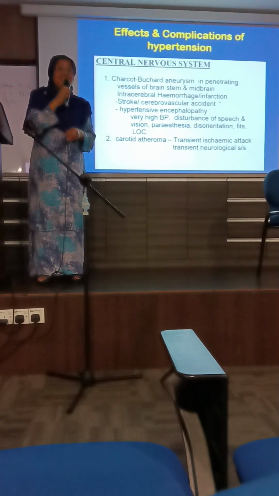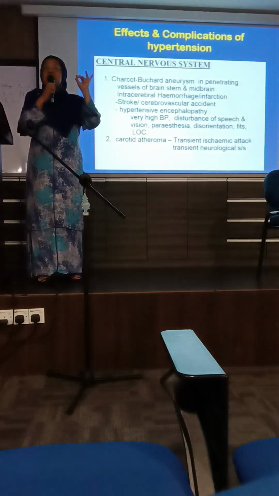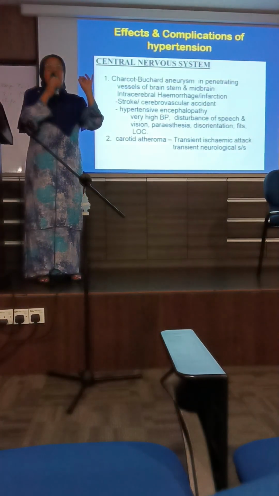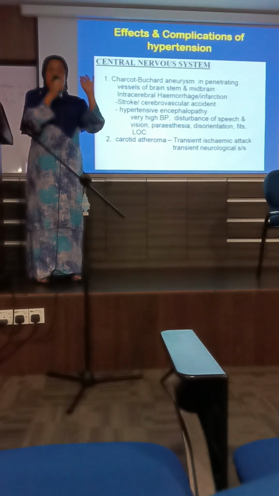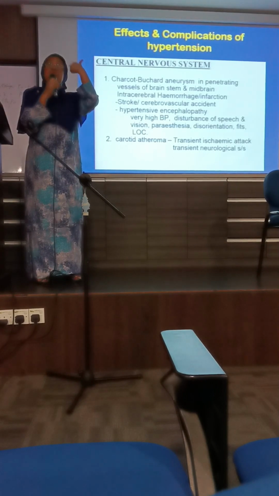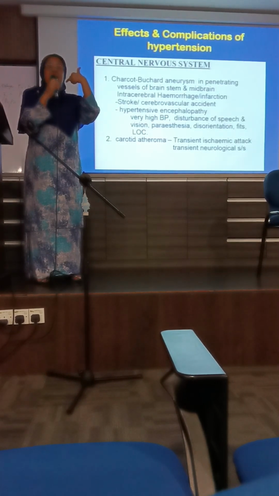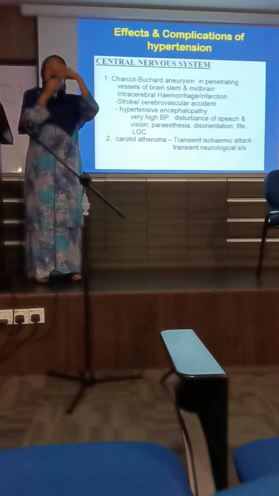The key word is aneurysm. Small blood vessels in the brain matter leading to intracerebral hemorrhage. We have various blood vessels in the brain. You have the bigger arteries, medium-sized arteries, your circle of Willis.